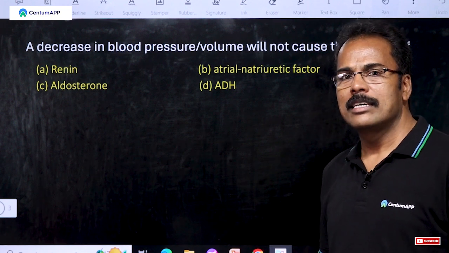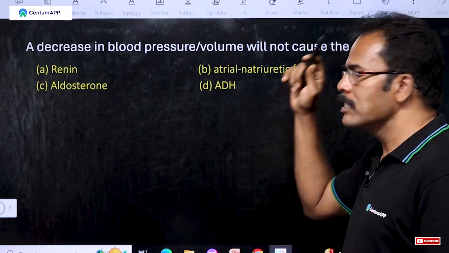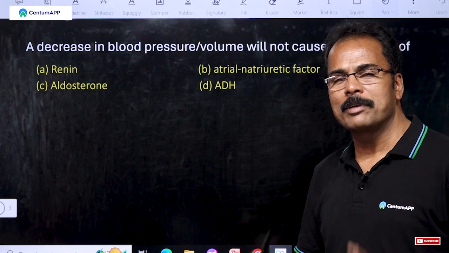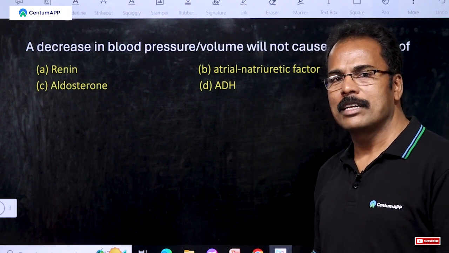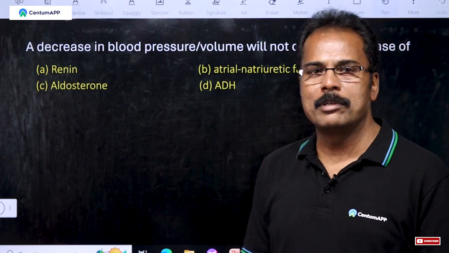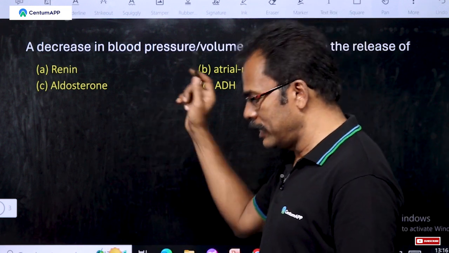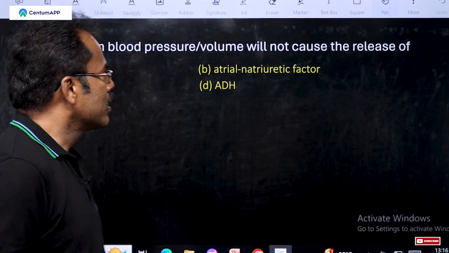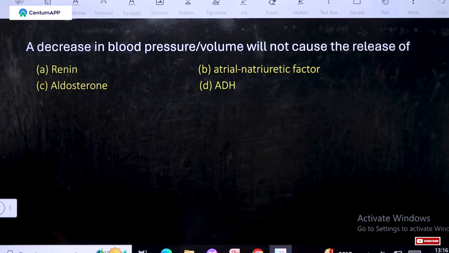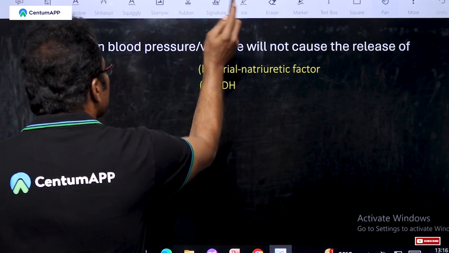This is an easy and typical question. In this question, we need to follow the elimination process. What is meant by elimination? Eliminating the non-correct answers.